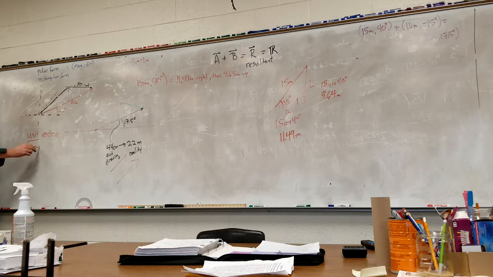Unit vectors always have a magnitude of 1. The direction at this point is whatever I say it is.